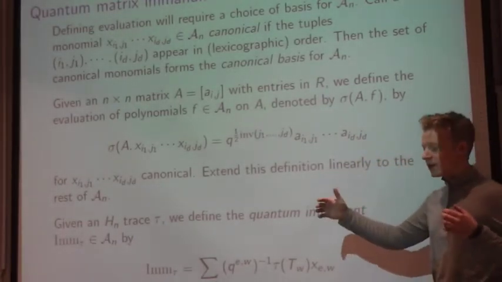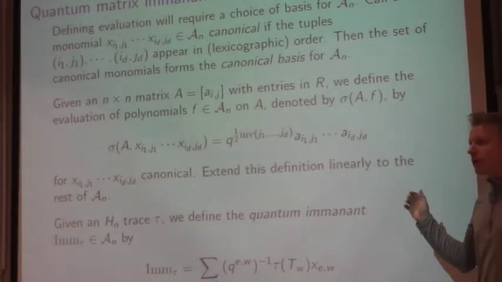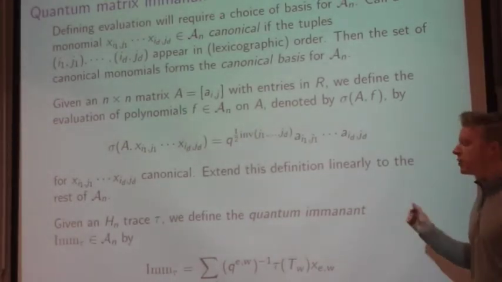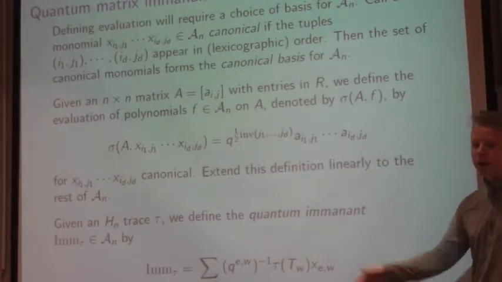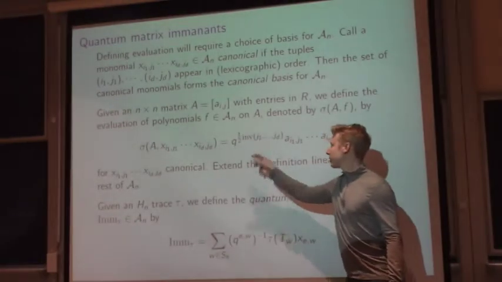Then you just extend that definition linearly to the rest of the quantum matrix algebra. In other words, if you want to evaluate some arbitrary monomial on the matrix, first you have to put it into canonical order, and then you evaluate, with these Q terms here.